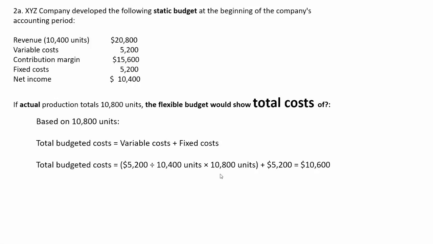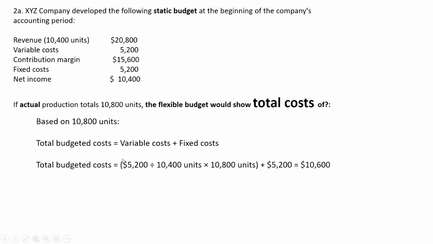We've got to find out our variable cost at this new level of 10,800 units. You want to take the previous information you were given at the top up here and say $5,200 was what my variable costs were at this level of production. So if I divide 10,400 units into $5,200, I'll get a level of the variable cost per unit, and then I'll multiply that times the new level that they're operating at, which in this case is 10,800 units.